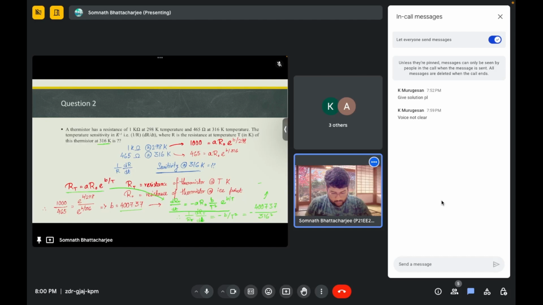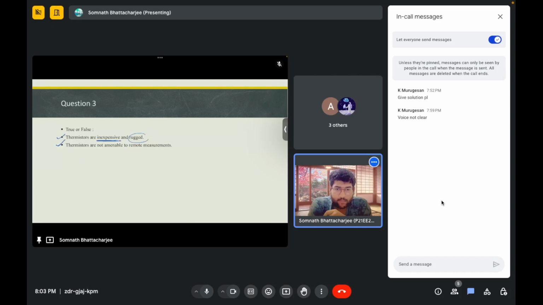It is true that thermistors are inexpensive. That's fine. But do you think it's rugged? Is it rugged or not?